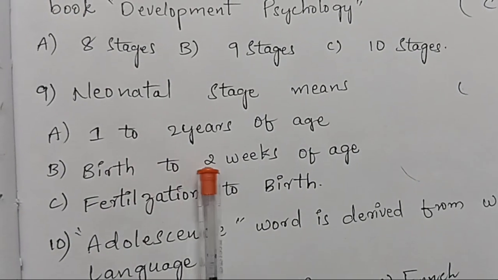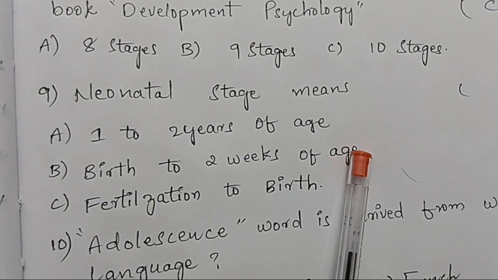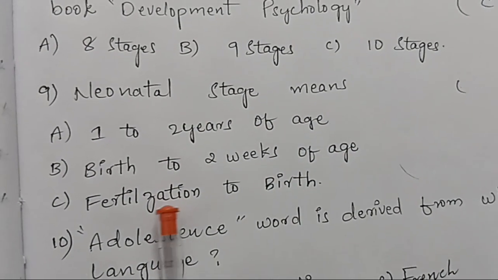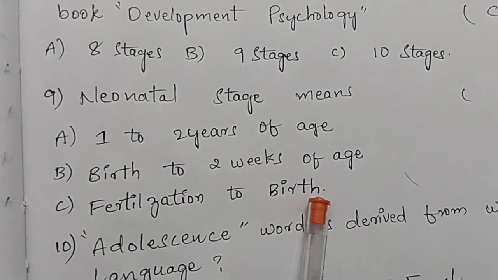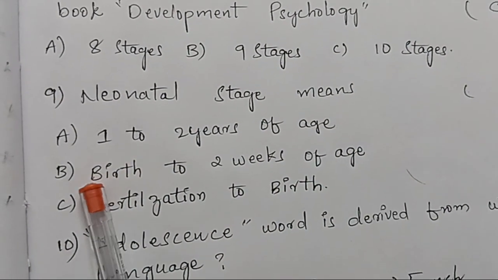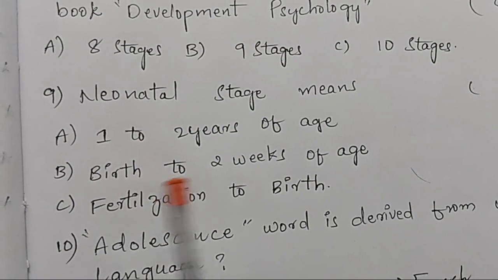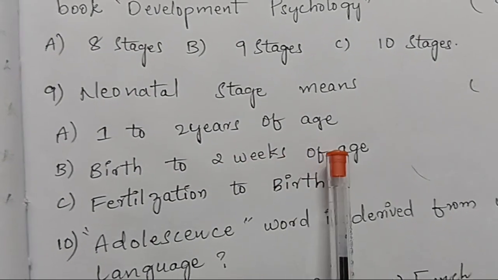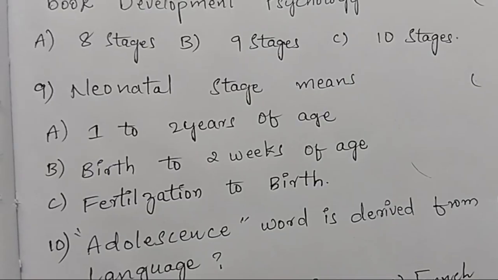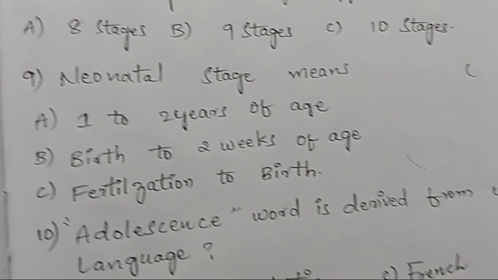Birth to 2 weeks of age is the neonatal stage, right? Fertilization to birth is the prenatal stage. Option B is the correct answer. Neonatal stage means birth to 2 weeks of age of a child. Option B is the correct answer.